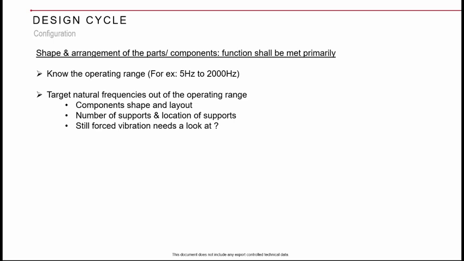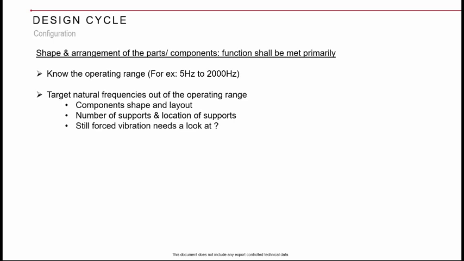After the configuration is done, you size the thickness of the component or the material selection, everything, in such a way that the natural frequencies, or the support systems and mounting locations on the component, are designed so that the natural frequency is out of the operating range. That covers the number of supports, the location of supports, and the kind of materials.